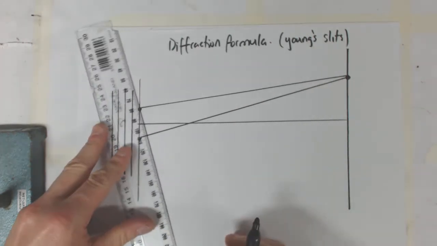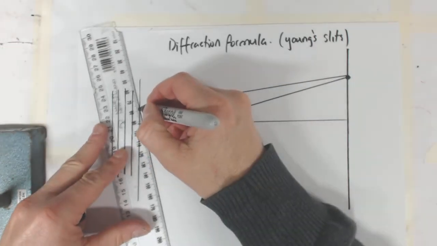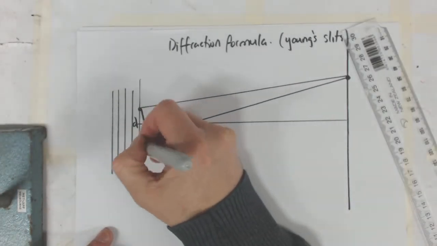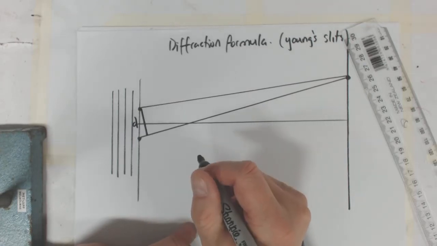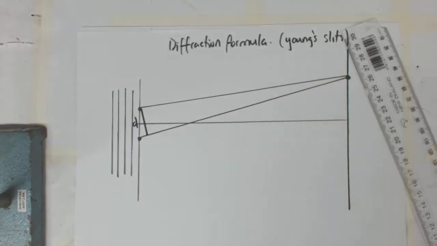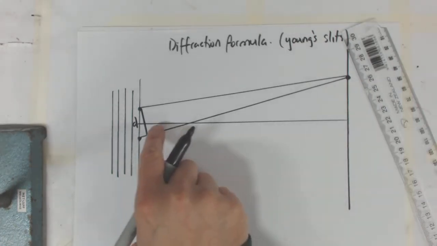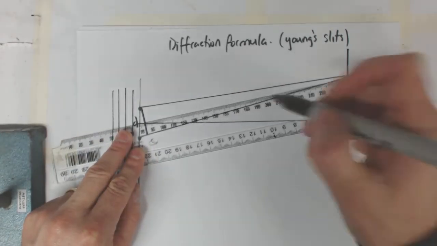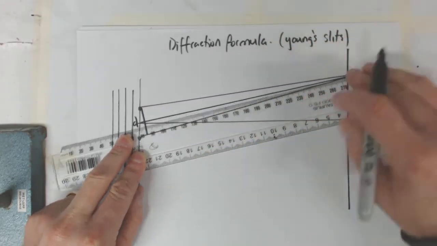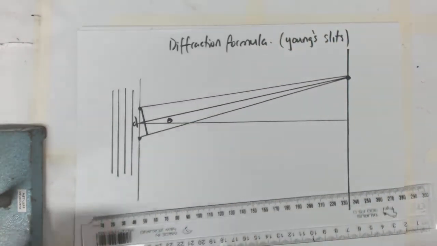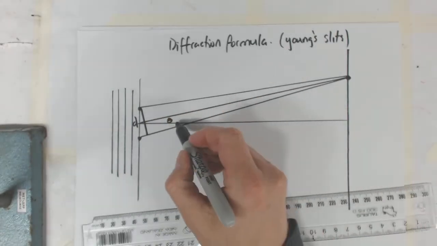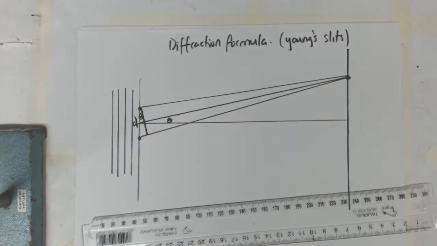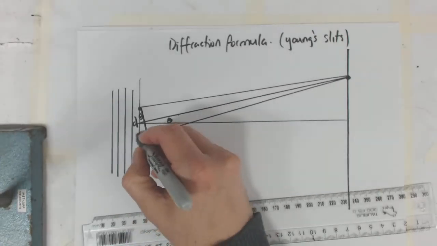And what we do is we have a look at this here, and we go, well, if we draw it so it's a right triangle, and D is the distance between the slits, then the angle, theta, that angle between the horizontal line and that line, is going to be the same as the theta here, the angle between the vertical that I put in, and the path difference is this bit here.